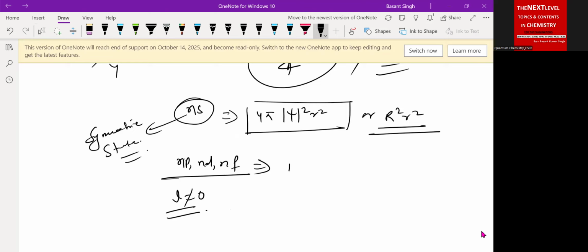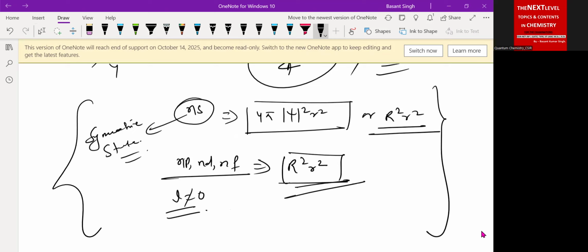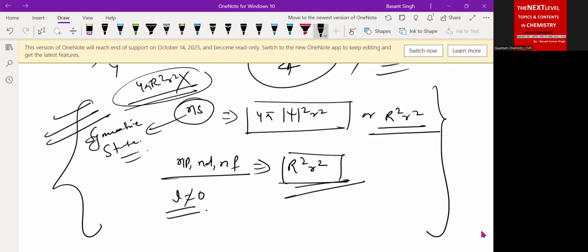We use only r square as the radial distribution function. This is our result. So for ns function, 4 pi psi square r square is the radial distribution function.